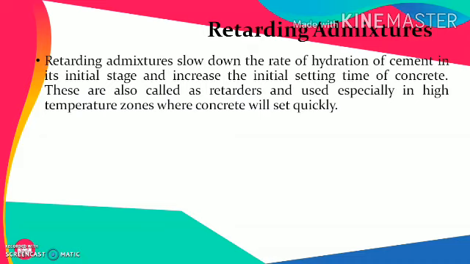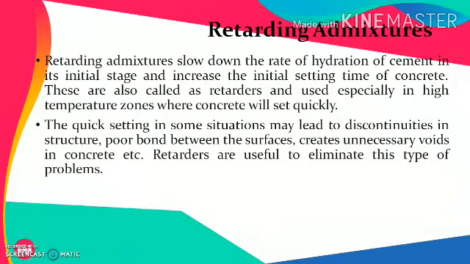This setting is not advisable, so in such cases we can use retarding admixtures. Quick setting in some situations may lead to discontinuities in the structure, poor bond, unnecessary voids in concrete, etc. So in such cases retarders are useful to eliminate all these problems.